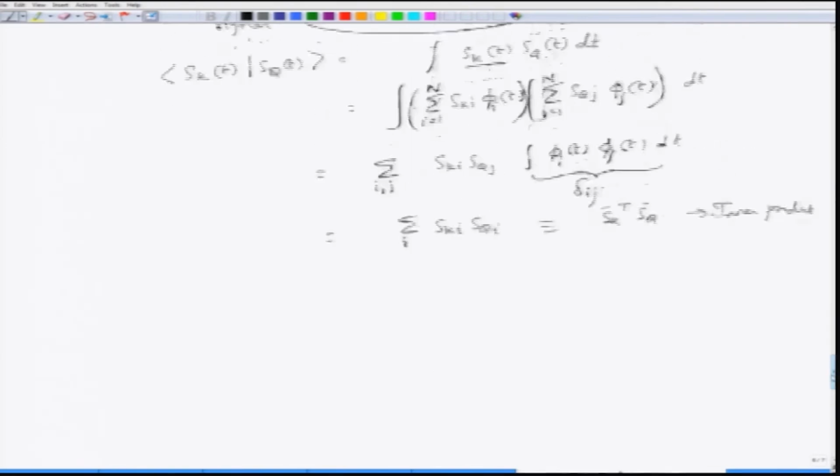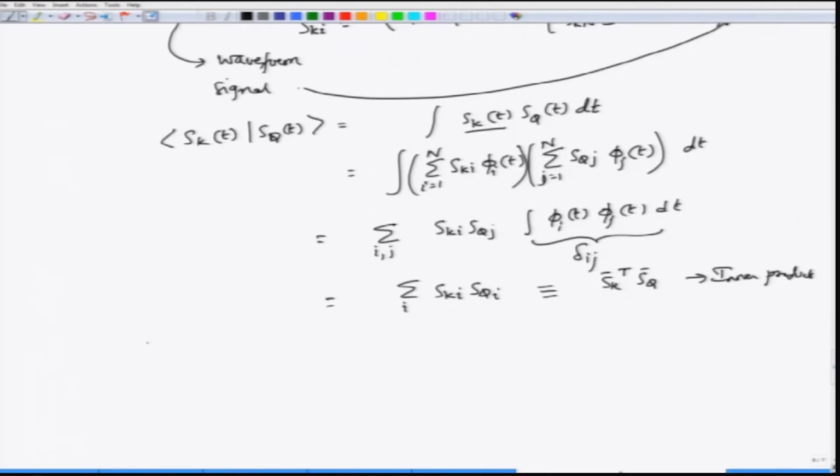I will leave it as an exercise to find S3 of t and Sn of t, but I would like to very quickly give a geometric representation. For the signal space example that we considered, I can write S3 of t in terms of S1 of t and S2 of t.